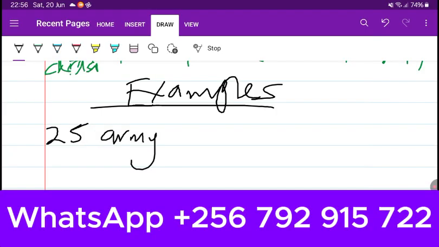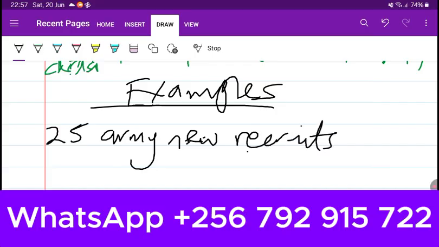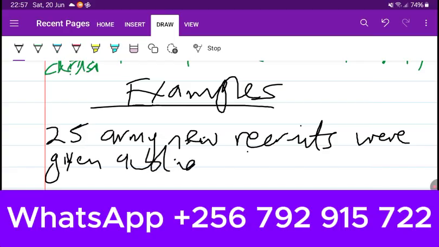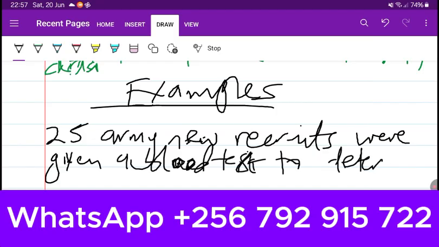Let's use the army recruits. 25 new army recruits were given a blood test to determine their blood type.